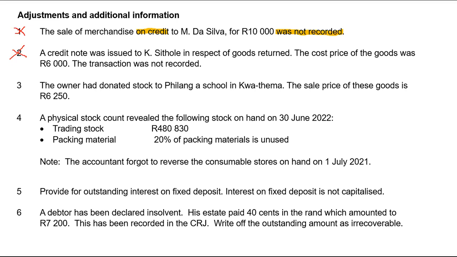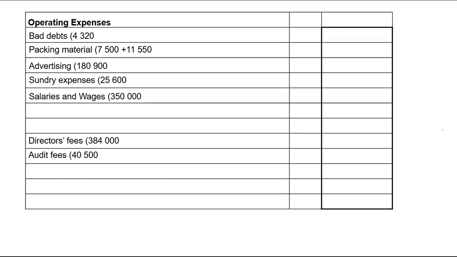Donations is an expense. When we debit donations, it means our expense is increasing. We will therefore record donations under operating expenses. But we need to record them at cost price. We were given the selling price, which is 6,250.